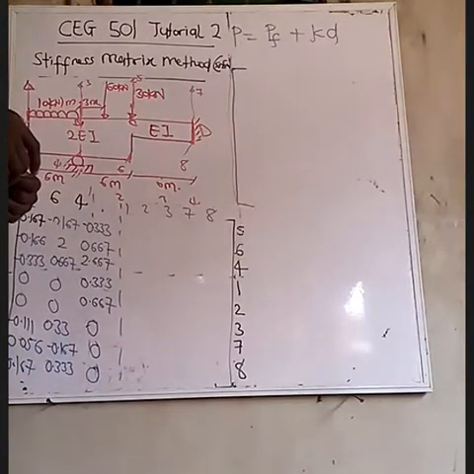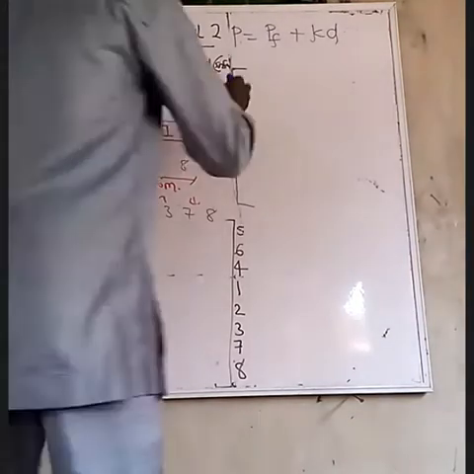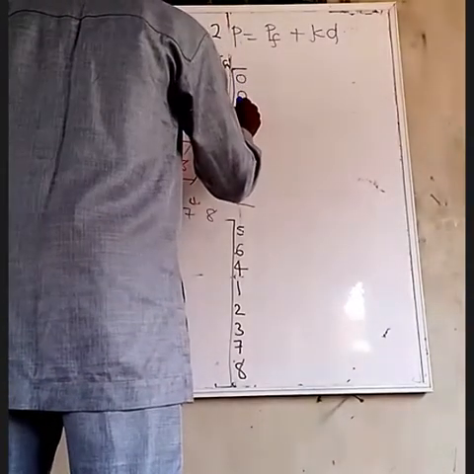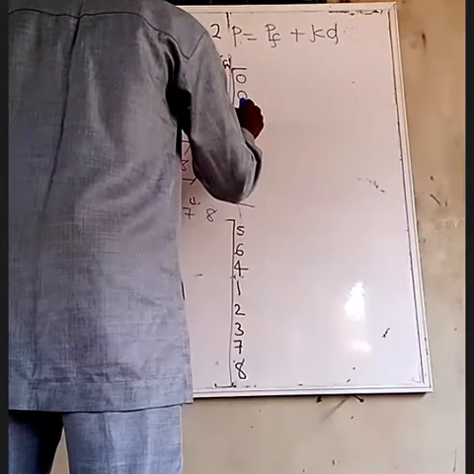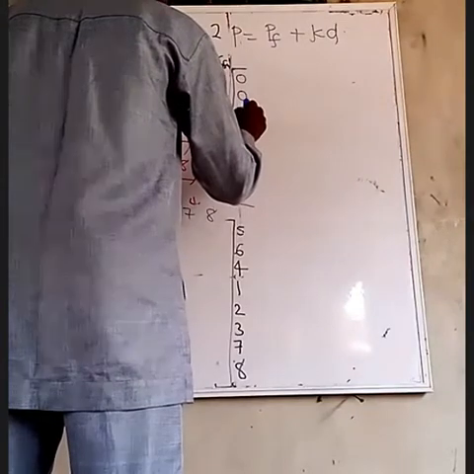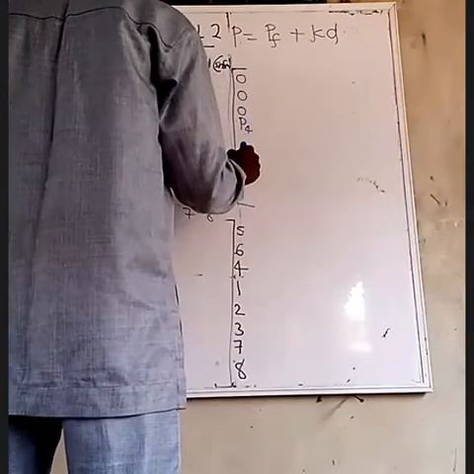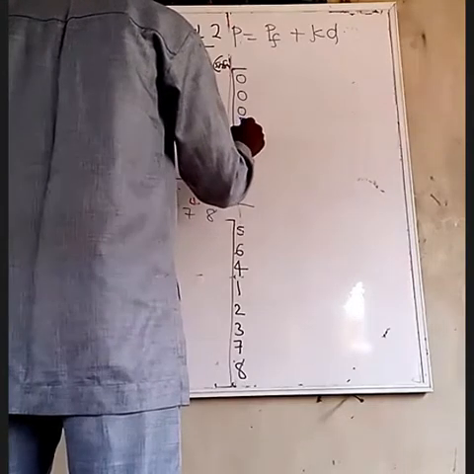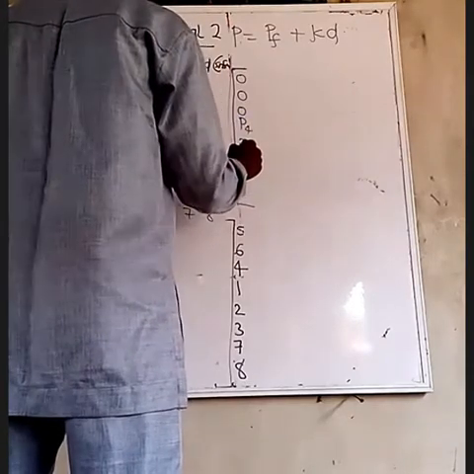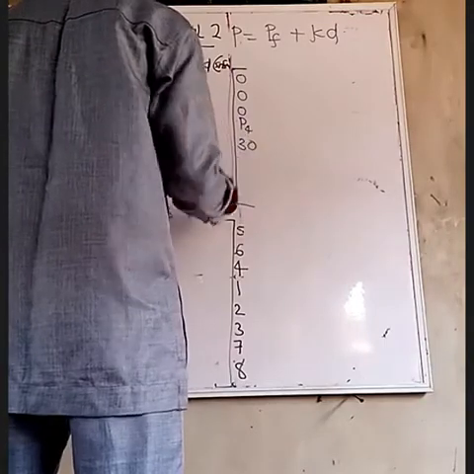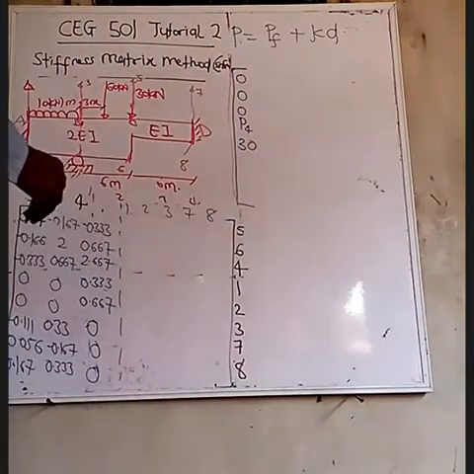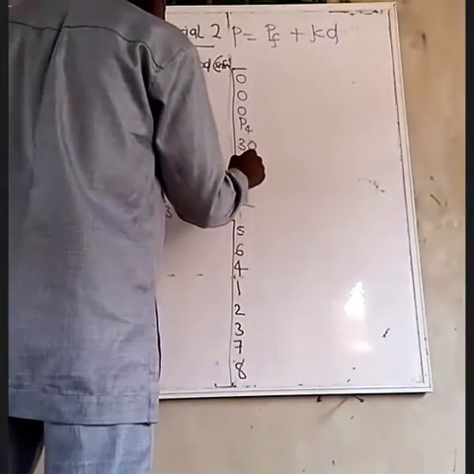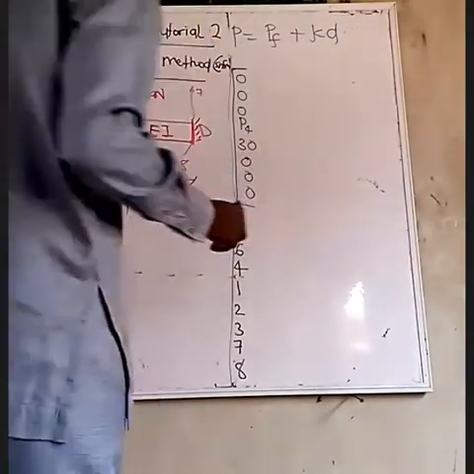We have 0, 0, 0, then P4, then 30, then 0, 0, 0.